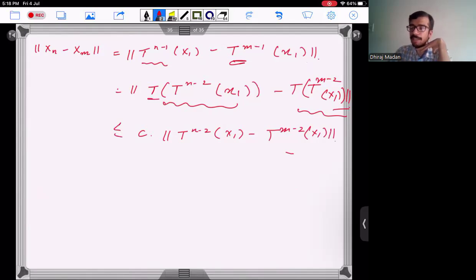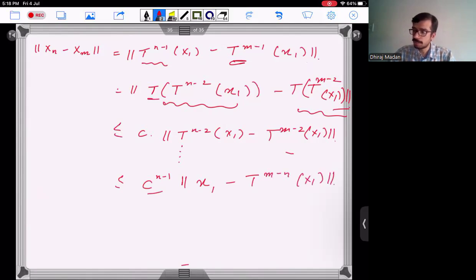Okay. So if I apply that property again, I'll again get a c, and this will become n minus 3, and so on. How many times can I do this? Essentially n minus 1 times I can take the c out. So less than or equal to c to the power n minus 1 times the distance between x1 and T^(m-1-(n-1)) x1, which is T^(m-n) x1. So this is something I can write.